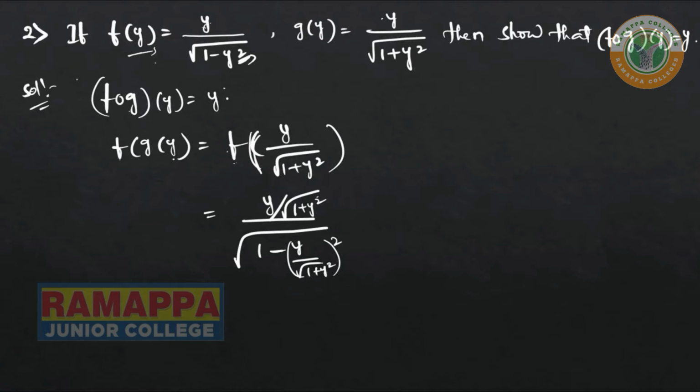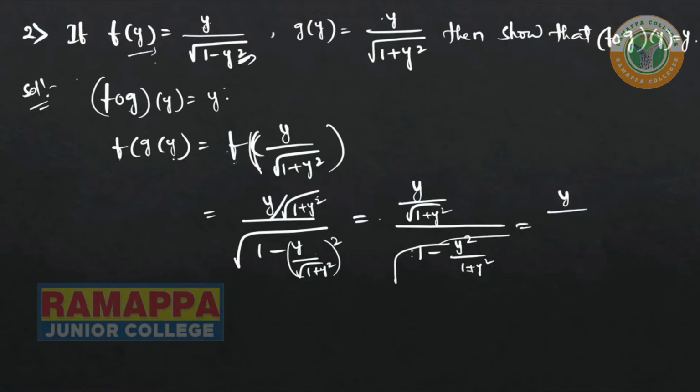So we can write it as y by under root of 1 plus y square remains like that only, and divided by 1 minus y square divided by 1 plus y square will come, and this will multiply here, it will become under root here.